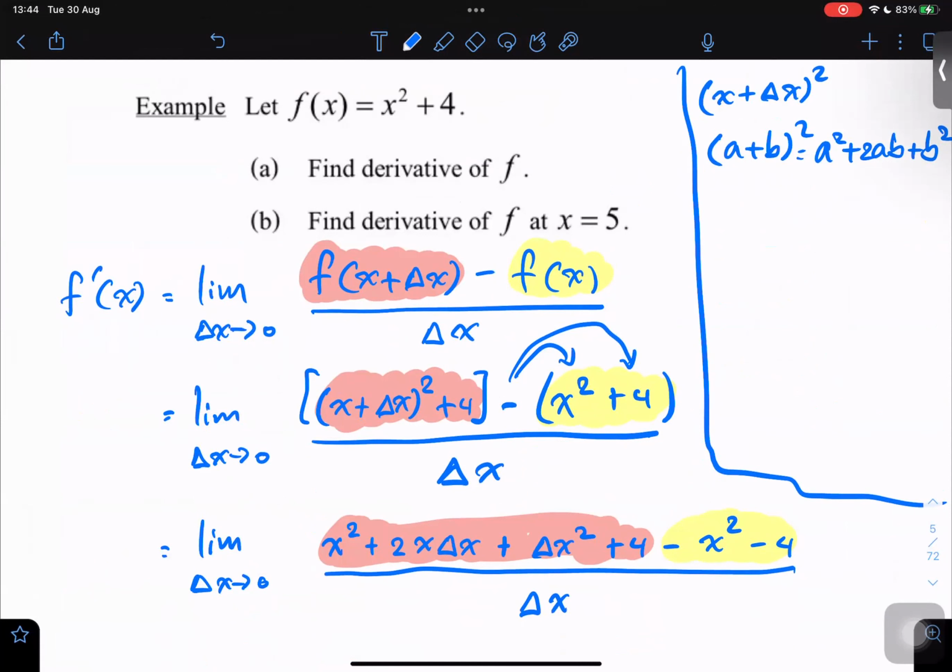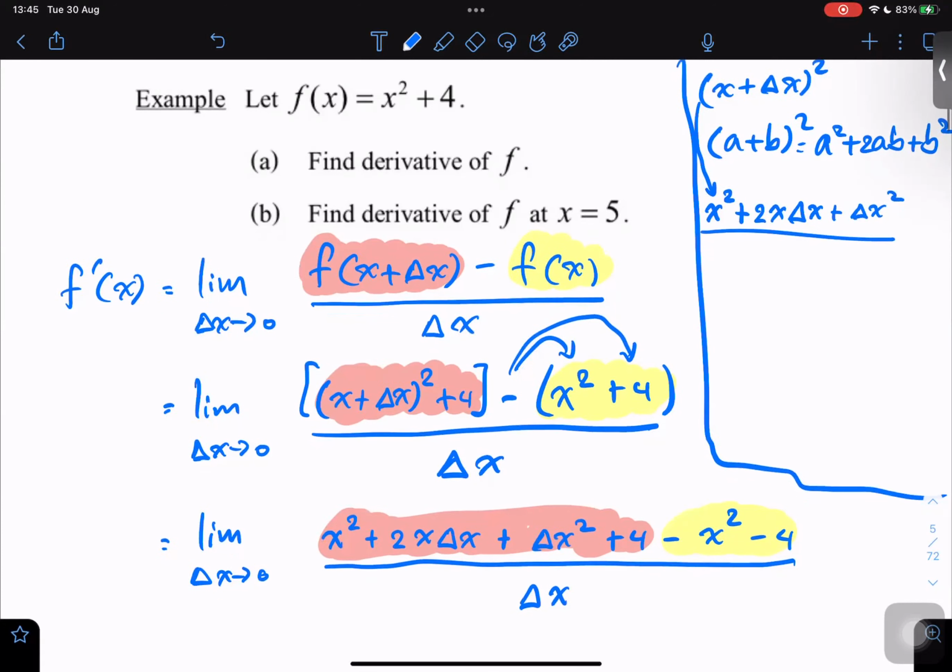Okay, so in this case, A is equal to x, right? So it becomes x squared. This thing becomes x squared plus 2x delta x, and then plus delta x squared, and plus 4, from the equation.